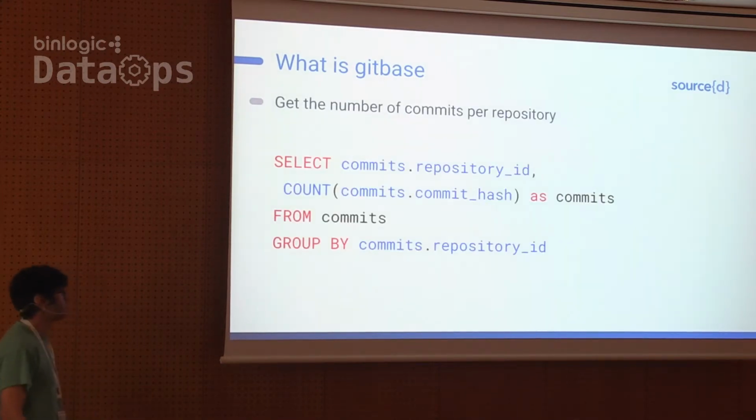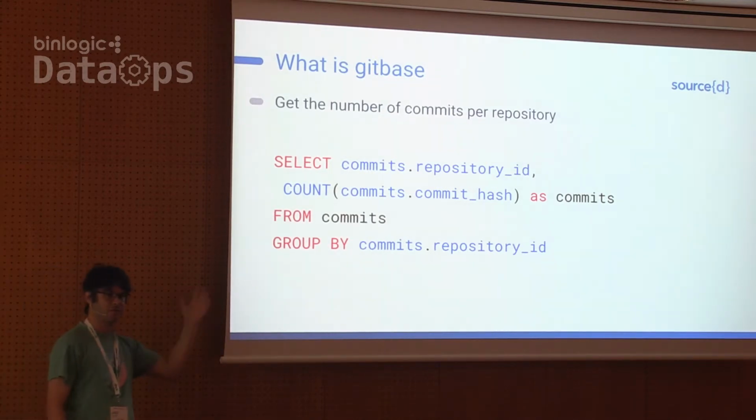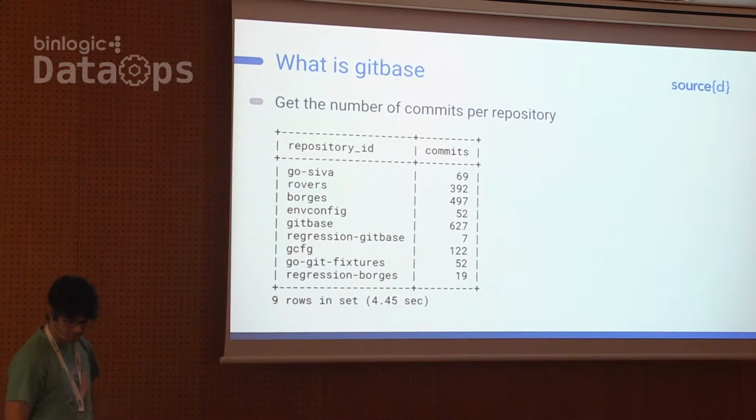This is a very simple query. What I want to show you here is that this is a normal query. This doesn't have anything strange to get things from Git. You just have a set of tables with a set of columns, and you just do a search, and you get the results the same way that you would do with MySQL.